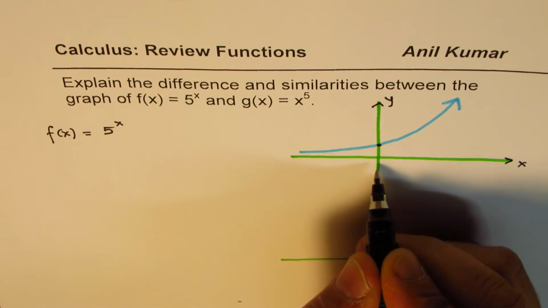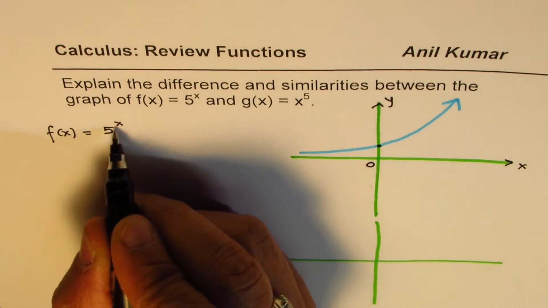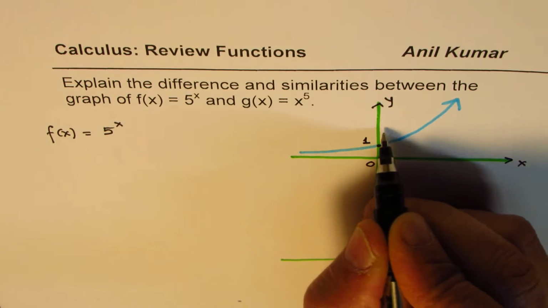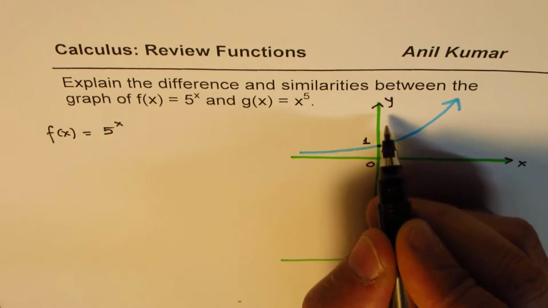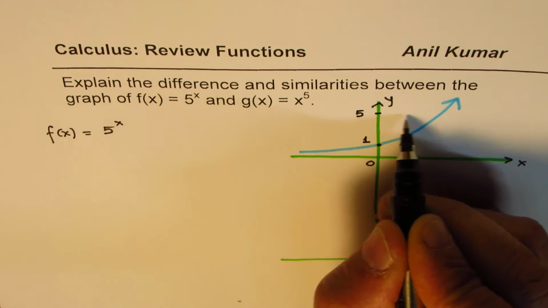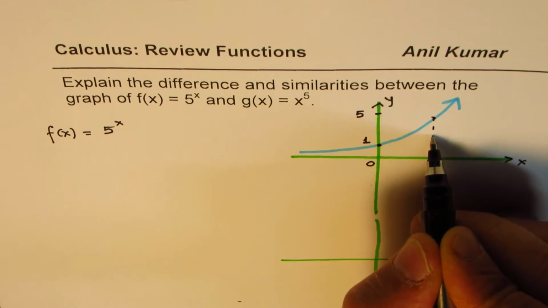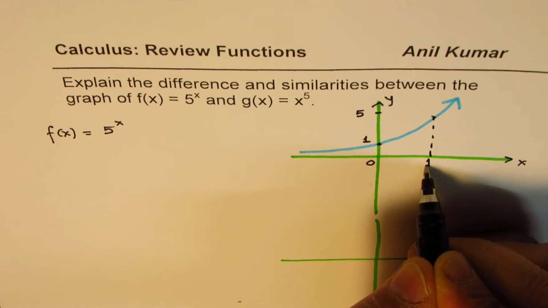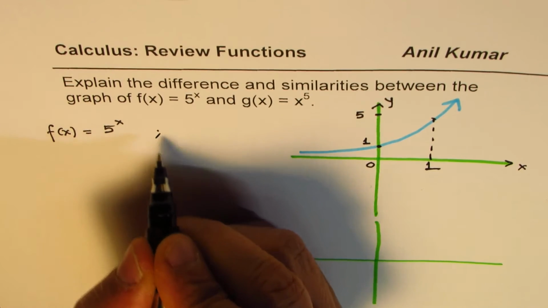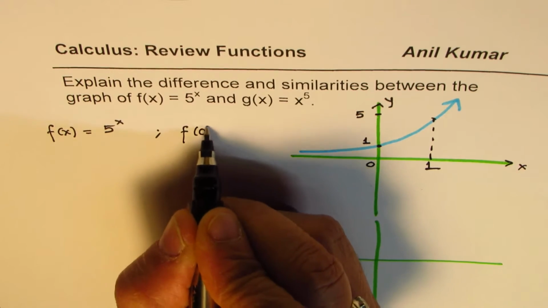Now this point, if x is 0, then anything to the power of 0 is 1, and if x is 1, then okay, so let's take this point to be 5. And we'll consider this to be 1, right? So if x is 1, let's say, what is f of 0?